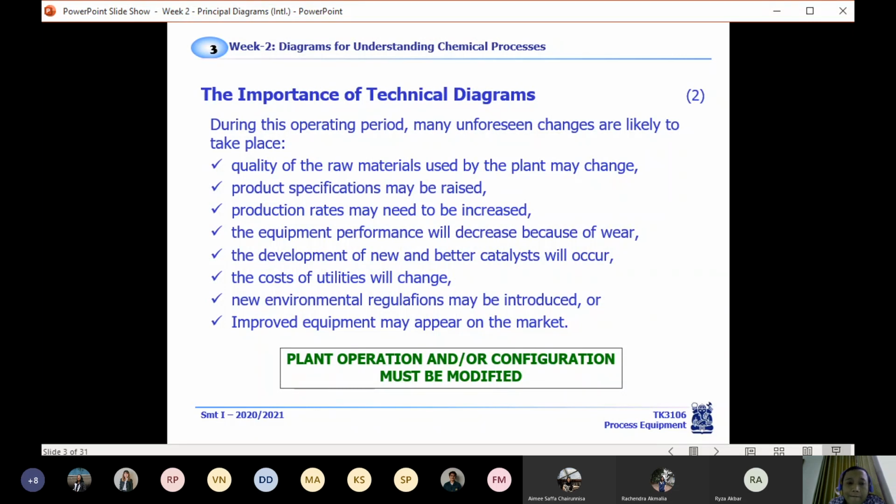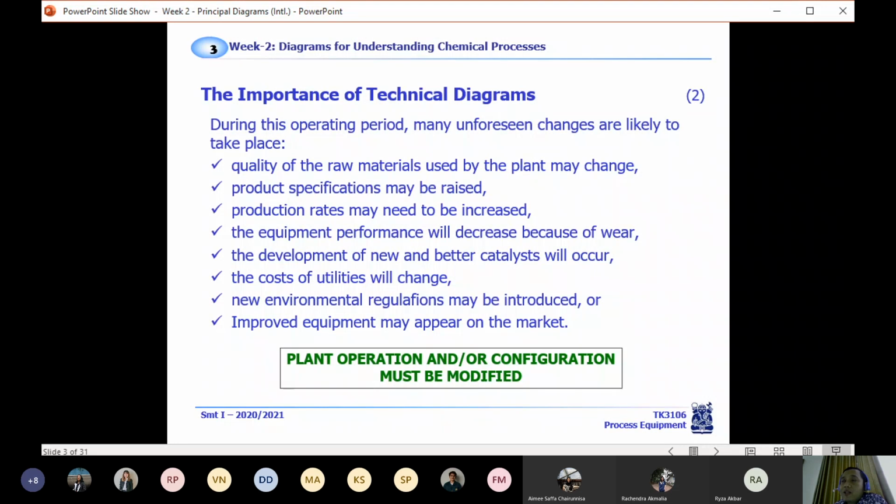The other important use of a technical diagram is related with modification of the plant. For example, there is a change in the operation of the plant in a day, and you would like to present it to your boss.